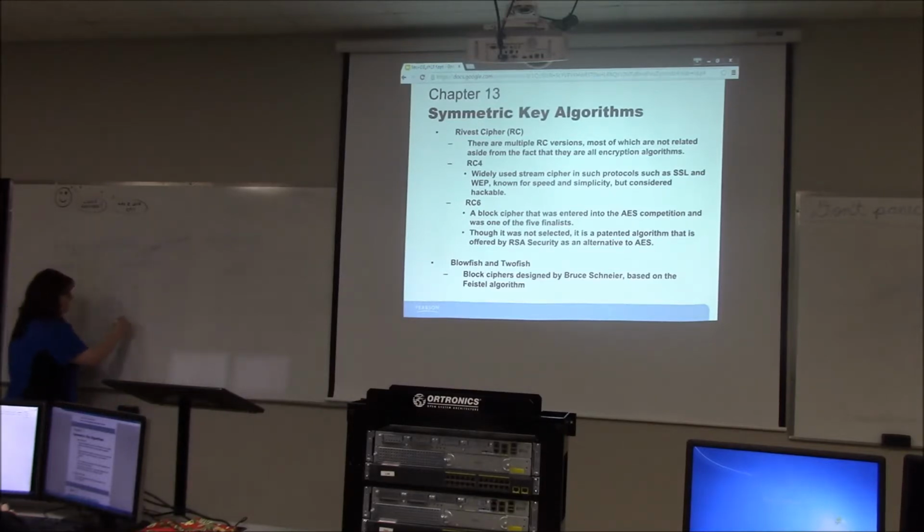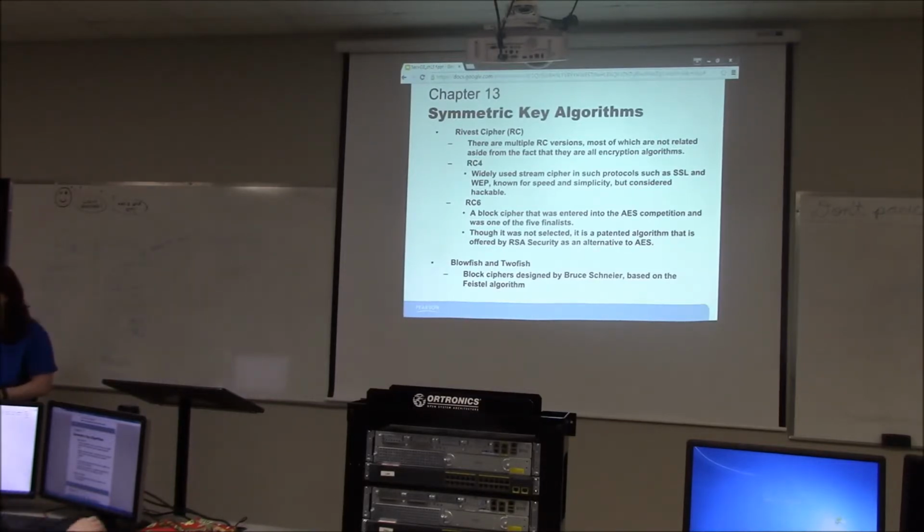So in our RCs, we've got RC4 and RC6. We've also got Blowfish and Twofish. Those are based off a different algorithm. They're not used very much. You just need to know that they exist.